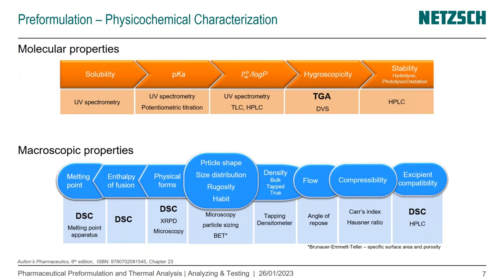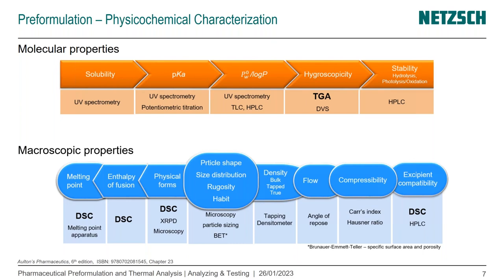Density is also important to be defined. Flow and compressibility are a function of particle shape and size distribution, but must also be determined. And a step further in the direction of the formulation stage itself is the excipient compatibility, but it can be defined here in the preformulation.